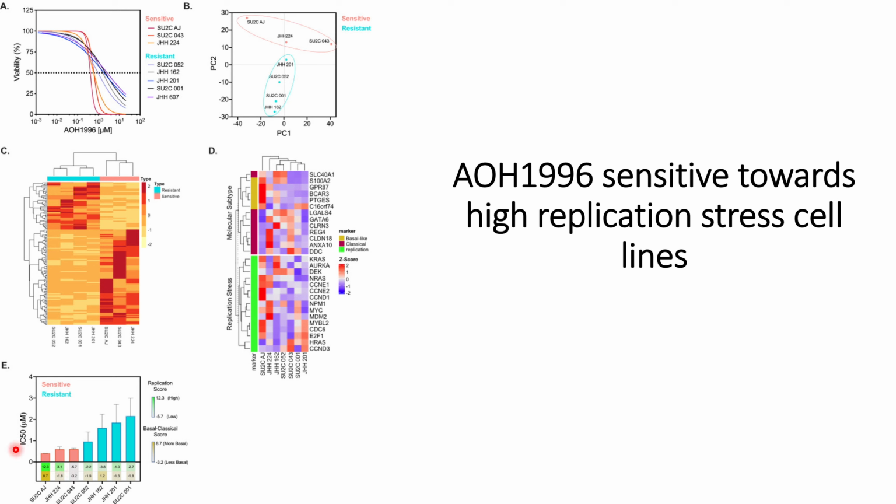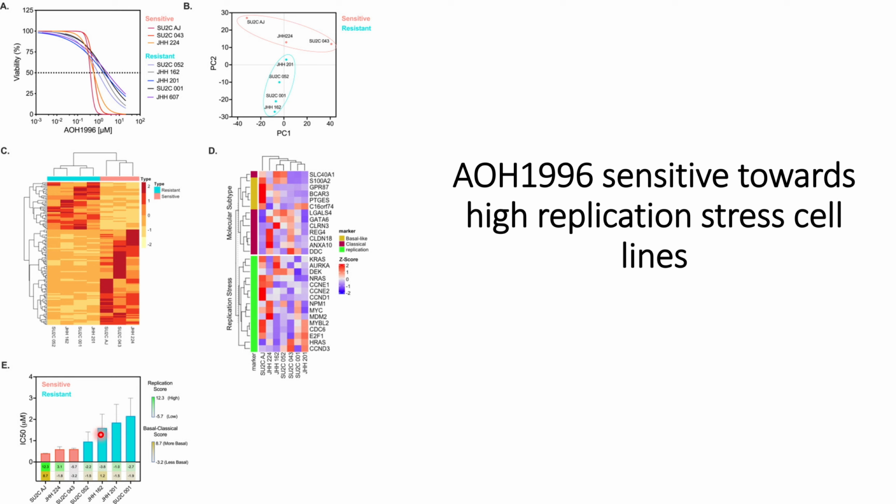Since they are sensitive, they require less AOH1996 to reduce viability by 50%, whereas the resistant cell lines have high IC50 values.